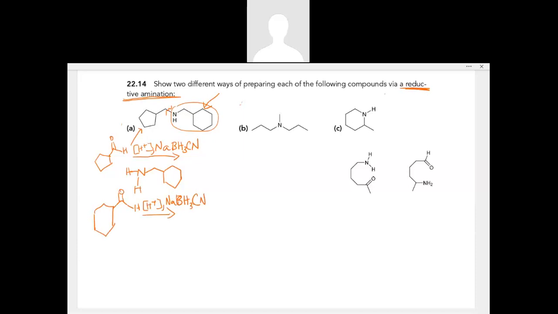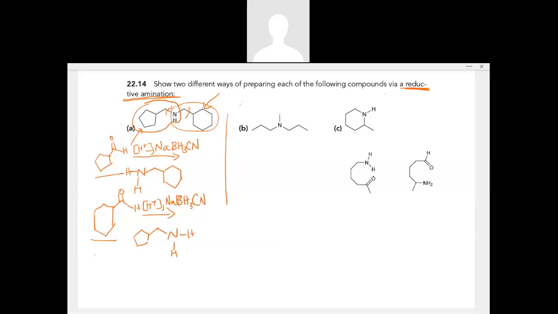Then we'll need this half as the amine now, so we'll have a five-membered ring bonded to a carbon, and that's bonded to this nitrogen. Again, we have the same reagents utilized. We just break either that carbon-nitrogen bond on the left or the one on the right, and then we fill in with the corresponding aldehyde.